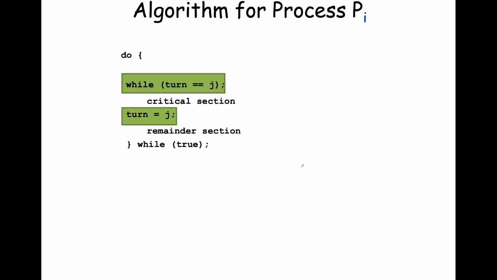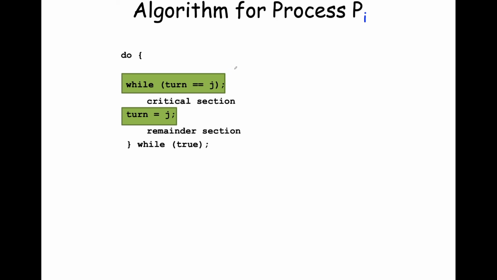Okay, so let's take a look at an algorithm, and this is kind of pseudocode-ish for the i-th process. Now, it doesn't matter what i is. If you have the i-th process, every process that's not the i-th process is the j-th process. And so here we have our loop. We have the entry section, and we have just a while loop. This variable turn is used to determine which process is going to have the ability to execute in the critical section.